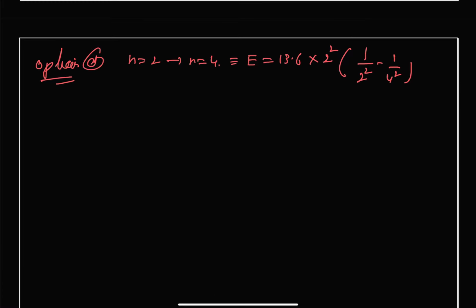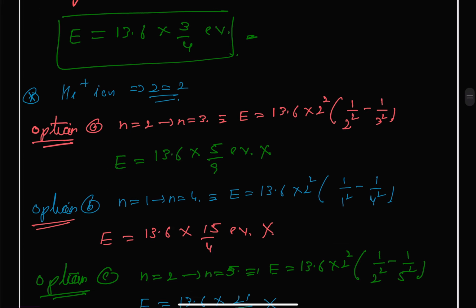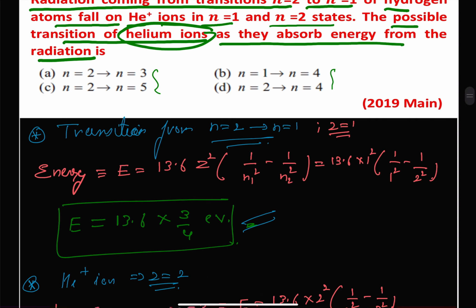So we get the value of energy equal to 13.6 multiplied by 3 by 4 electron volt. So this option matches with the released energy from our hydrogen. So option D is correct.